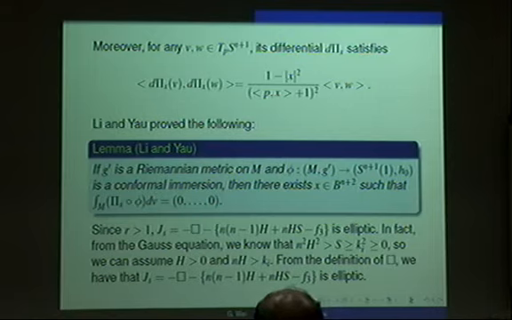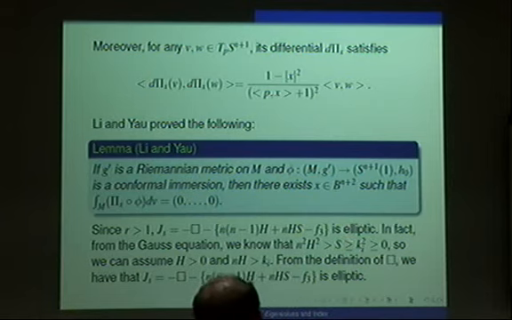Here, since the small r is greater than 1, we know that the Jacobi operator is elliptic. In fact, from the Gauss equation, we can get n squared h squared is greater than the squared norm of the second fundamental form. Since the squared norm of the second fundamental form is equal to the sum of the principal curvatures squared, S is greater than or equal to the sum of k_i squared. This is non-negative.